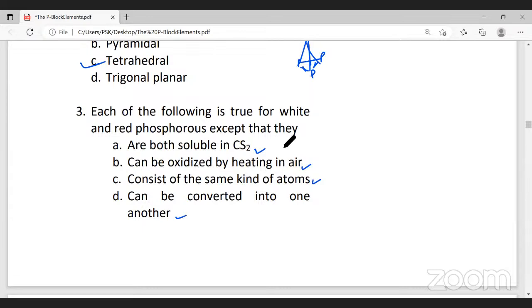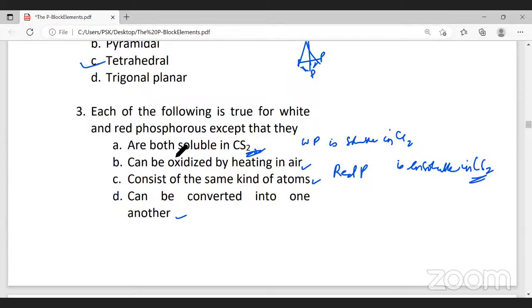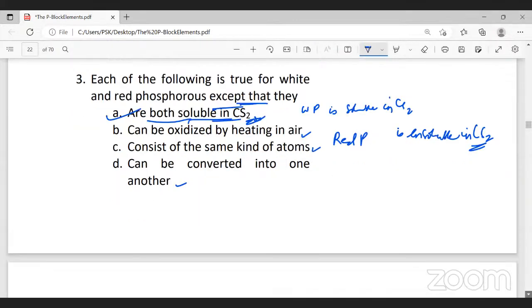See, white phosphorus is soluble in carbon disulfide, and red phosphorus is insoluble in carbon disulfide. Therefore, this is untrue, and they are asking for the exception. The answer is option A.